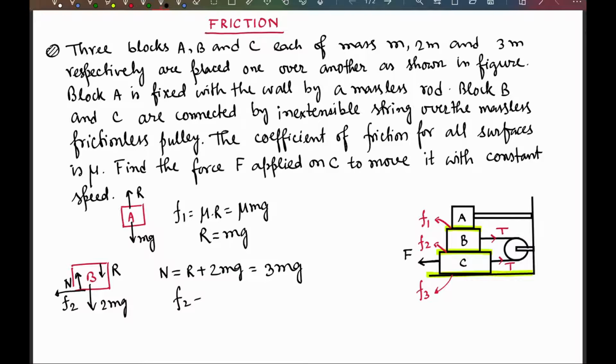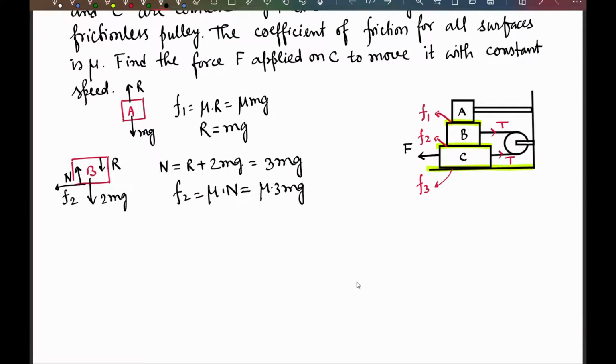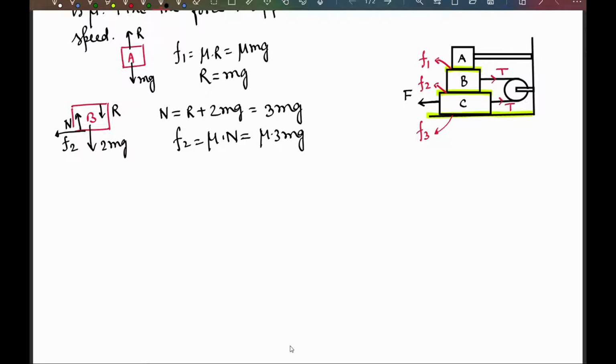F2 is equal to mu into N. Now this is mu into 3 mg. Similarly, we have to calculate the frictional force acting on block C, that is F3.